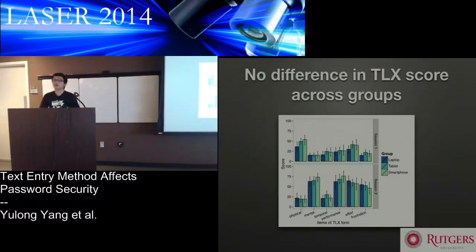I think, as I understand it, the TLX score is designed to be used by, say, a human factors person, someone who's been trained in its use. Did you ask your study participants to apply the TLX measure themselves? How did you get the TLX scores?